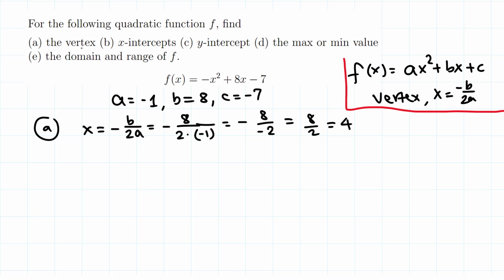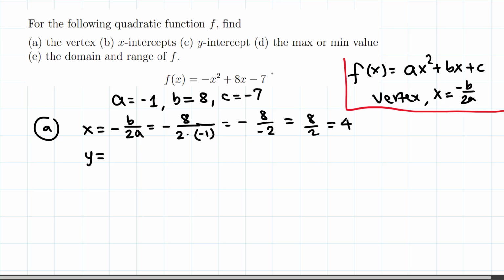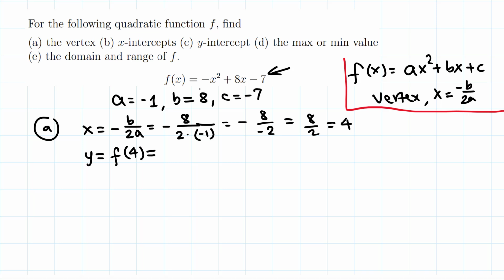But the vertex is a point, which means x and y coordinates. This is the x coordinate, and the corresponding y coordinate is given by simply plugging 4 into this function. So f of 4 is negative 4 squared plus 8 times 4 minus 7.